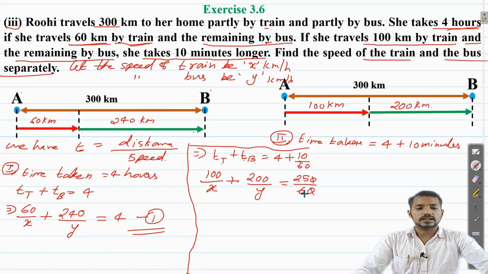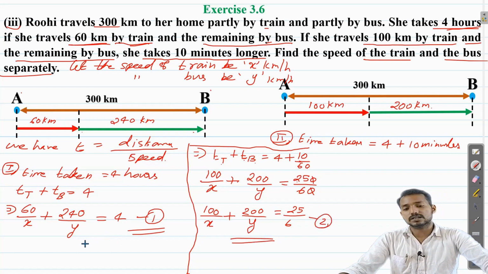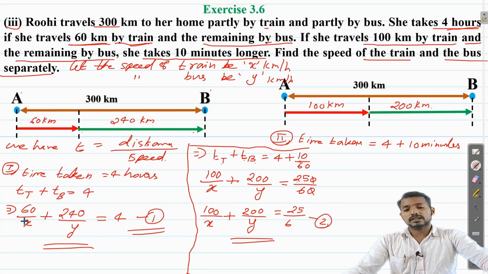So this 0 is cancelled, and we can write 100 divided by x plus 200 divided by y, which is equal to 25 by 6, equation number 2. Now you have two equations which are not in linear form, but you can reduce them into linear form by putting 1 by x equal to p and 1 by y equal to q.